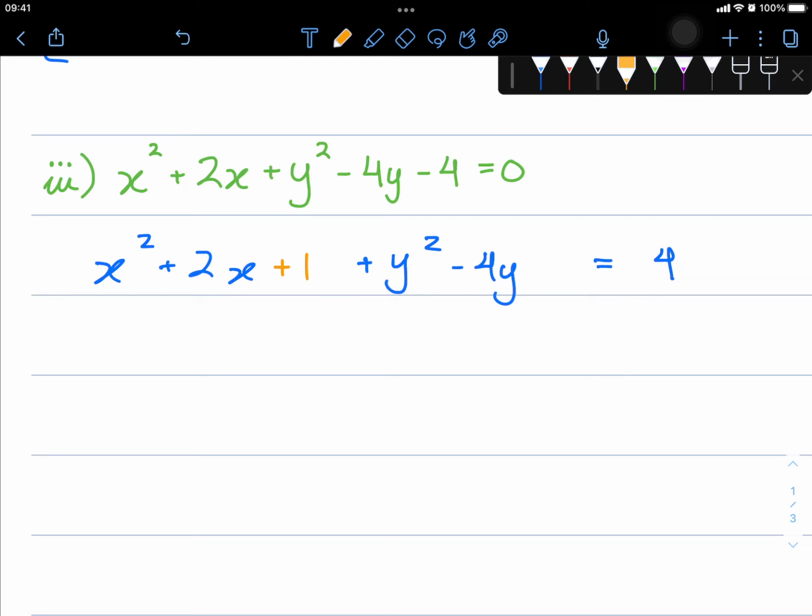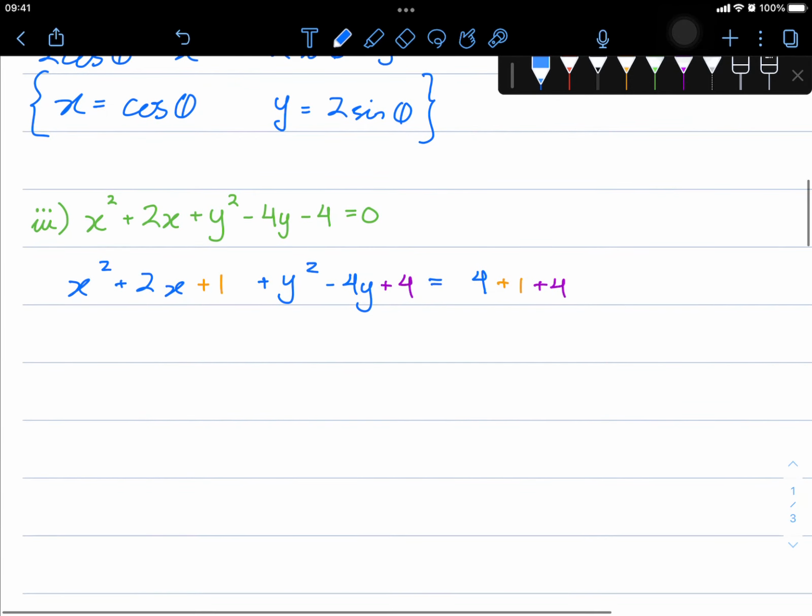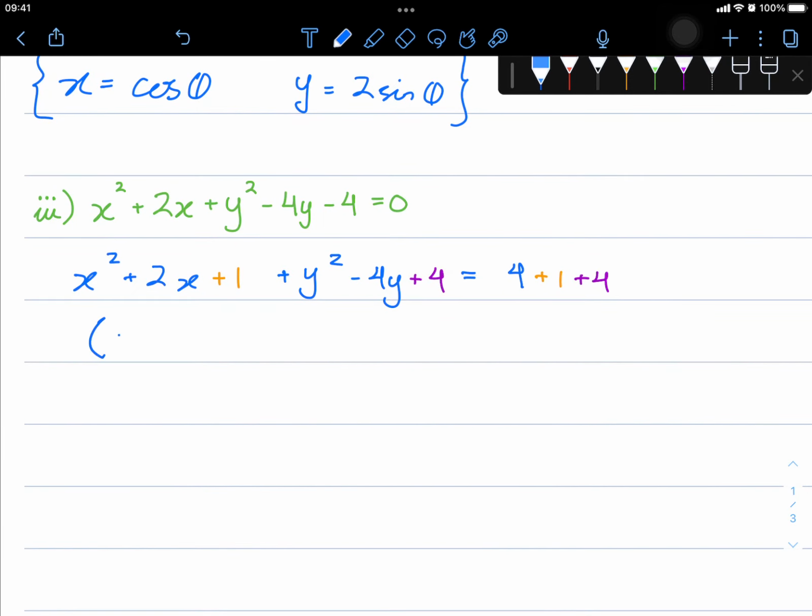Squared is still 1. Half of negative 4, so actually no, we need to add 1 here. And half of negative 4 is negative 2. Squaring that, negative 2 squared is plus 4. Completing the square here, now we get (x plus 1) all squared plus (y minus 2) all squared equals 1 plus 4 plus 4, which is 9.